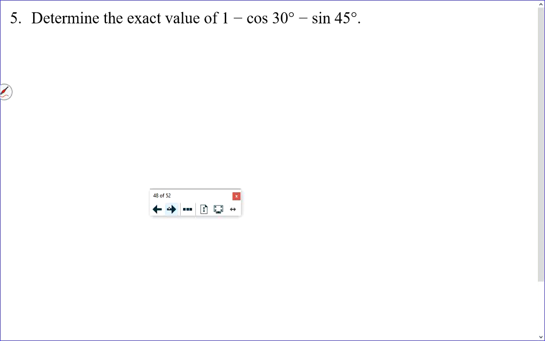What is 1 minus cos 30 minus sine 45? Well, cosine of 30 is root 3 over 2, isn't it? Is there anybody in the room who's slowly starting to know these without looking all the time? A few. Okay. Minus sine of 45. Well, that's root 2 over 2.